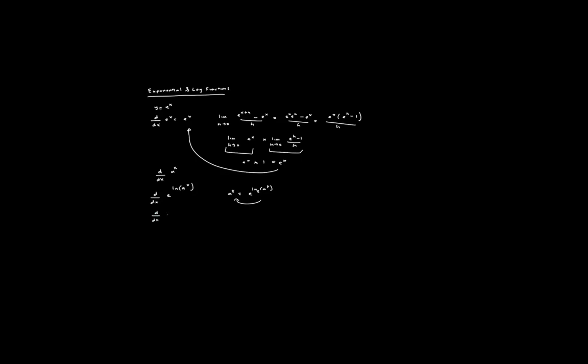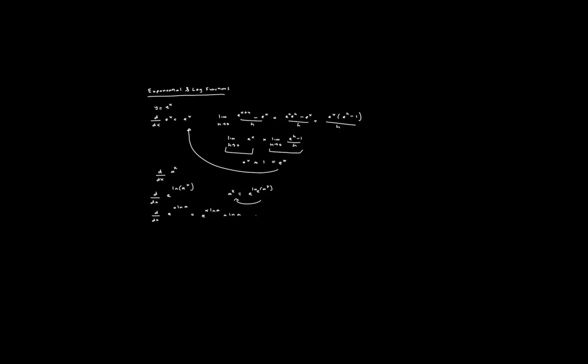So that's just d over dx of e to the x ln a. That just comes from the properties of logarithms. Now we can differentiate this. So d over dx of e to the x ln a is just e to the x ln a, and then we use the chain rule on this, and we just multiply by ln a, right?